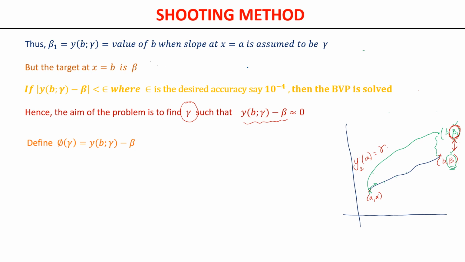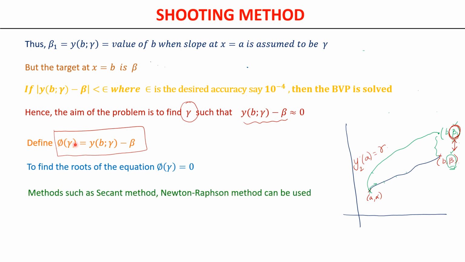Now for that, we define a function called phi of gamma, because we are talking about the difference and we want to minimize the difference. So we choose phi of gamma as y of b comma gamma minus beta. And now we will find the roots of phi of gamma equal to 0.